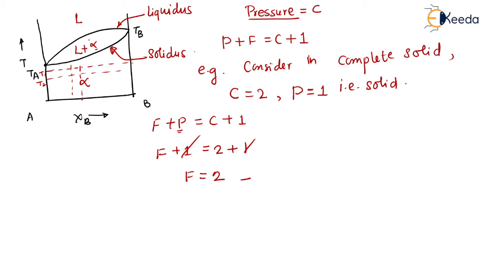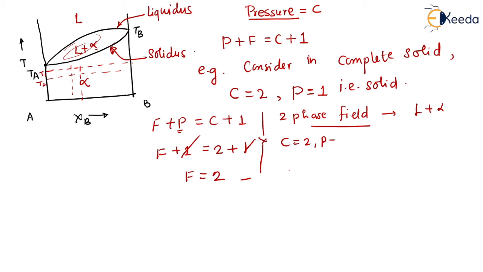Now if I apply the phase rule for this two-phase field region, the two phases are liquid plus alpha. In this region, the components are 2 and phases are 2. So F plus P is equal to C plus 1, that means F plus 2 is equal to 2 plus 1.